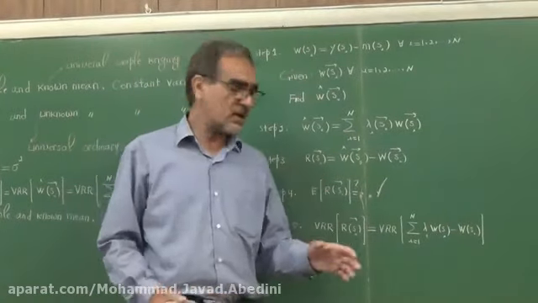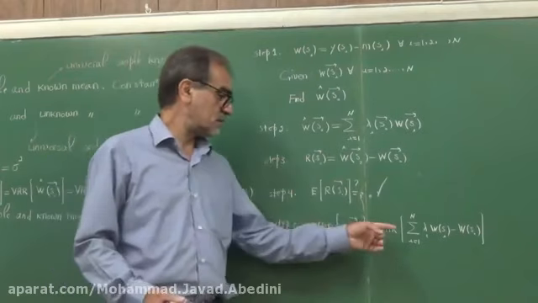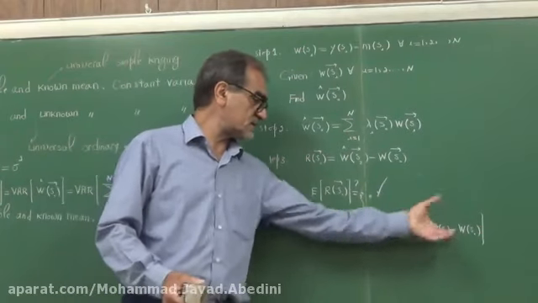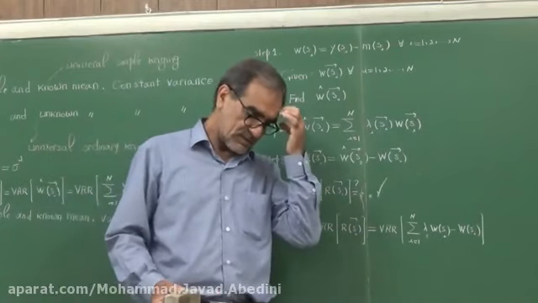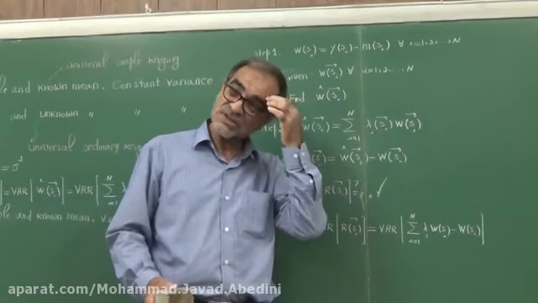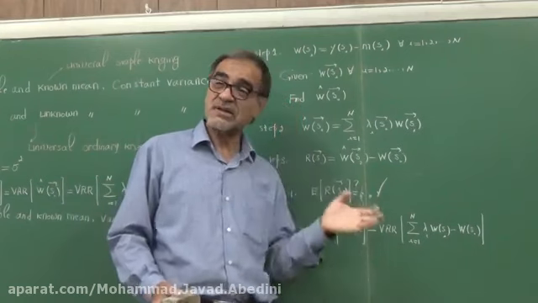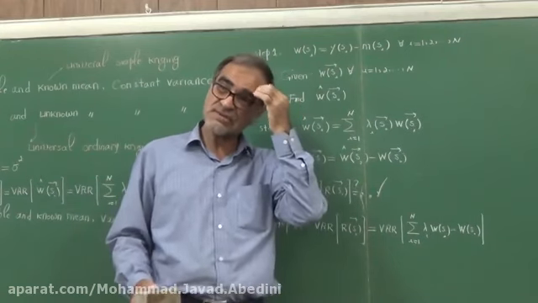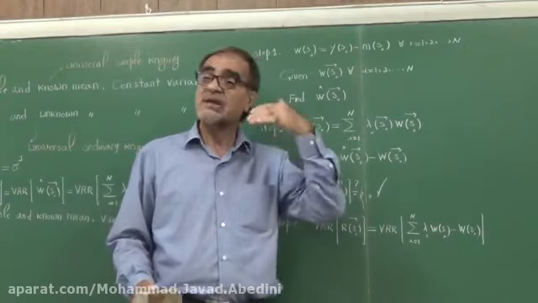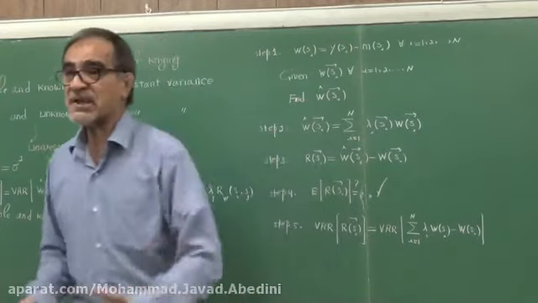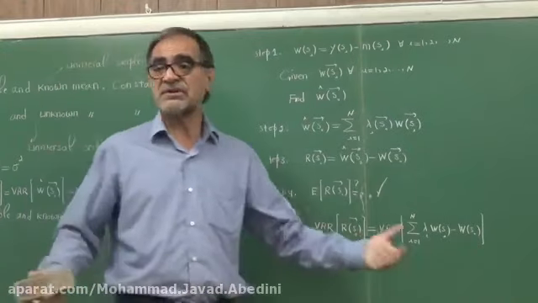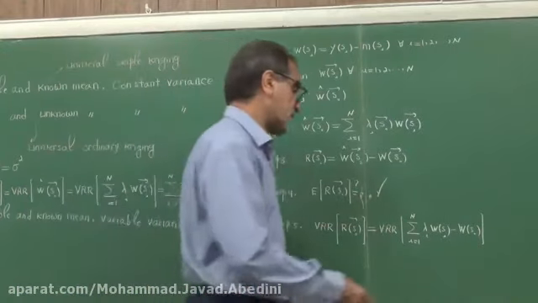We have to check whether we could write this term inside the bracket in terms of an admissible linear combination. If we can, then we can compute the variance of this admissible linear combination. If we cannot express this in terms of an admissible linear combination, then we can't compute variance of this.